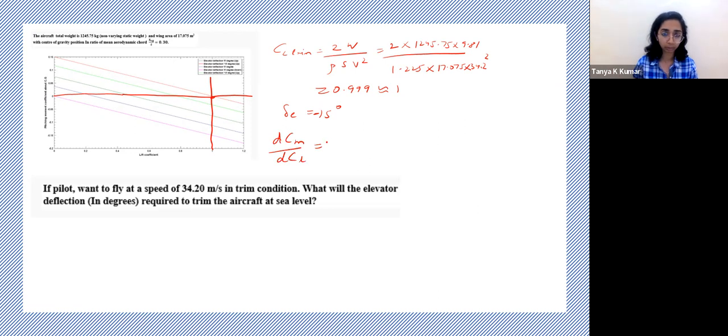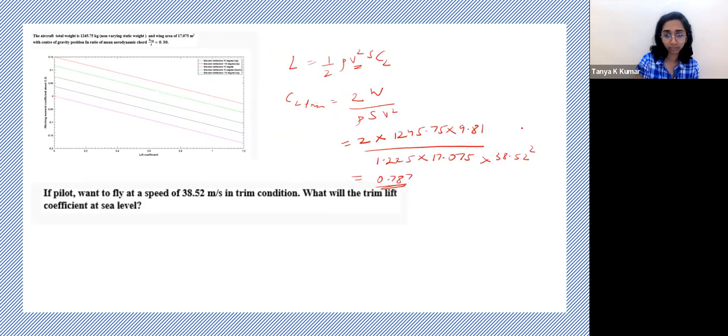So CM1 minus CM2 by CL1 minus CL2. First point where moment is 0, 0 minus. So the point where moment is 0, CL will be CL trim. The point where CL is 0, CM will be CM naught. Correct? Okay, so just substitute these values.